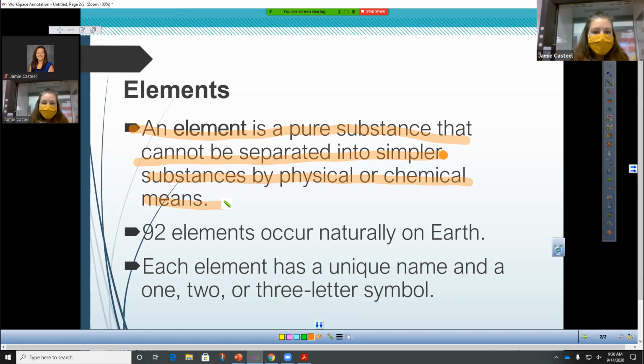There are 92 elements that occur naturally on Earth, and each element has a unique name and a 1, 2, or 3-letter symbol. Now, this textbook was written before we got the names for the last few elements on the periodic table. So that last little bit's not true anymore.